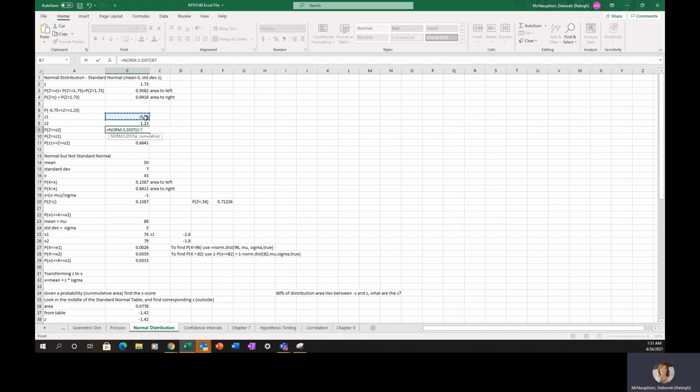So this is the probability that Z is less than negative 0.75. Oops, I need to say true.